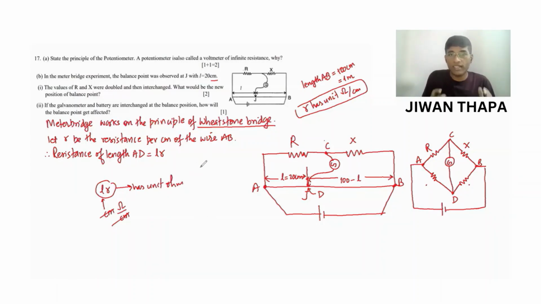So we are changing length into resistance. So the resistance of AD is L r.